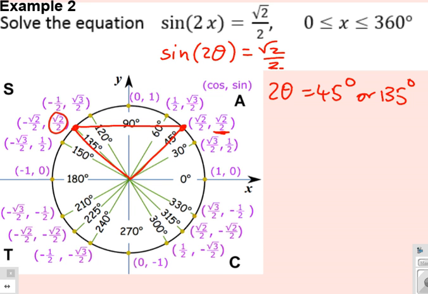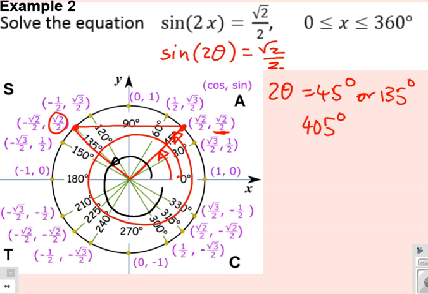Now, if we take 45 and then add another 360 degrees, we get to the same destination. And that will give us 405 degrees. And if we take 135 and then add another 360 degrees, we get to the same destination. That gives us 495.